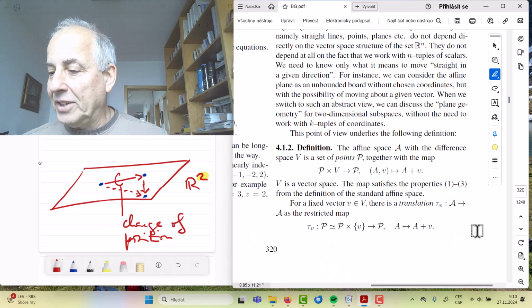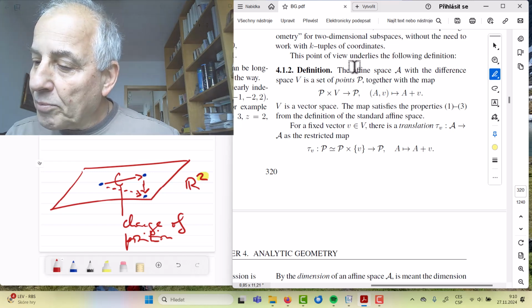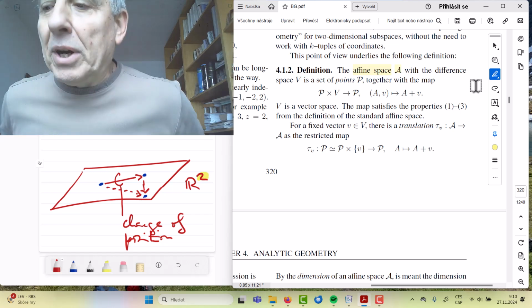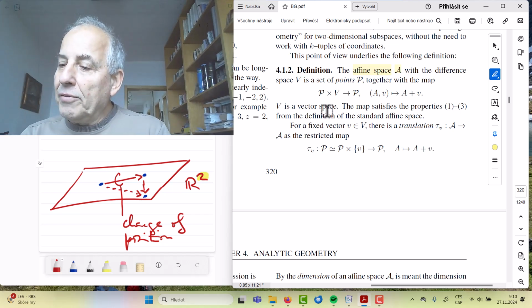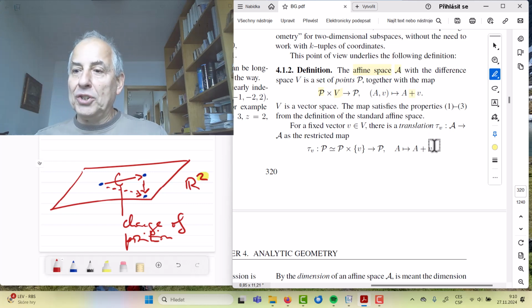So this is how we formalize the thing, and it looks like we don't need it at all because we didn't put anything new there. But then there is this real definition of an affine space, not the standard one, but the general one. And here we simply make the difference between the points and the vectors. And this plus is a new operation which has to exist, right?